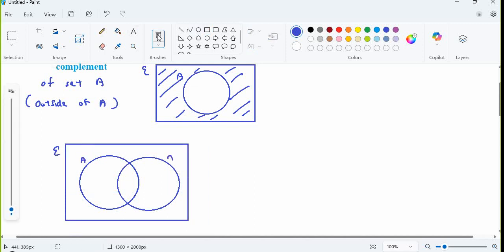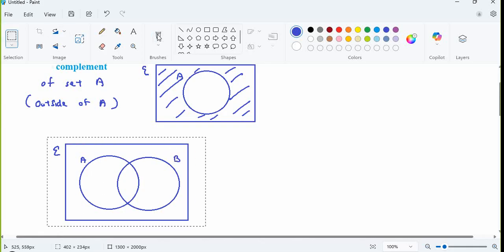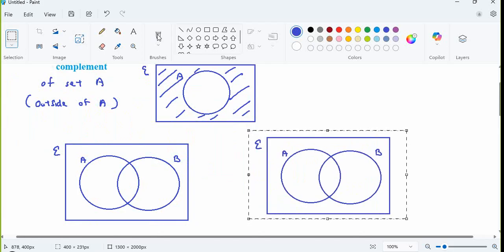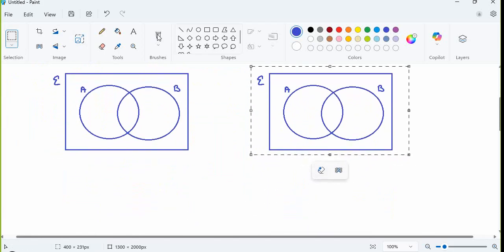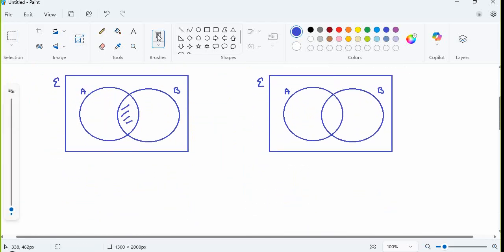So if we want to find A intersection B, this will be the part of A intersection B. And if we want to find the complement of A intersection B, then this will be it.